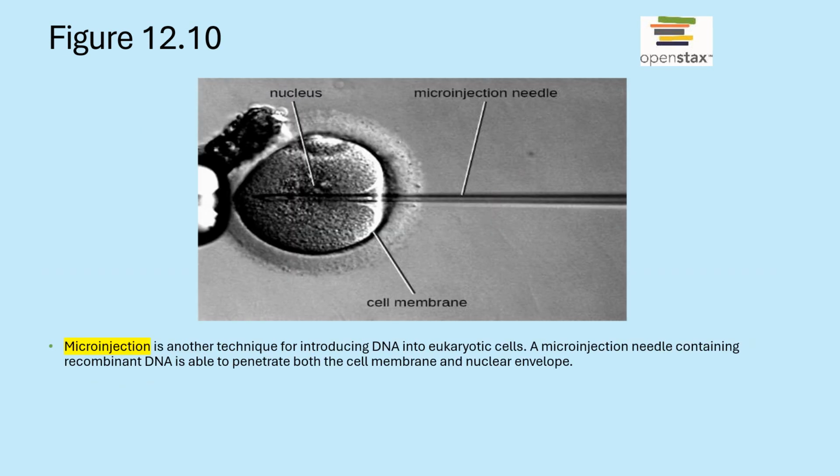This is fairly popular, where you have a very fine microinjection needle. You are working through a microscope in order to see what you're doing. You actually inject into the cell, and you want to inject into the nucleus, the donor DNA.